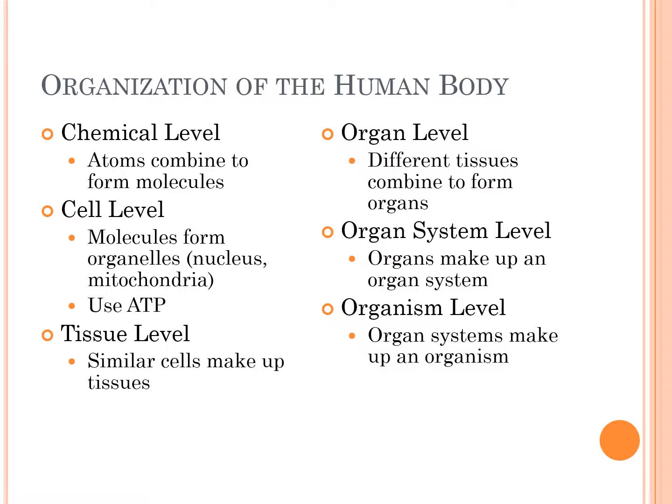We can consider it from the level of a tissue being similar cells that come together for a similar function. We can look at it from the organ level, so several kinds of tissue, muscle tissue, nerve tissues, endothelial tissues will come together to make an organ, for example, like the stomach.